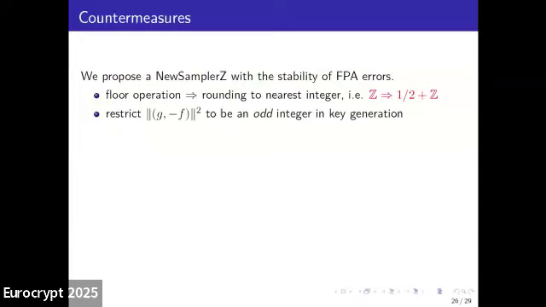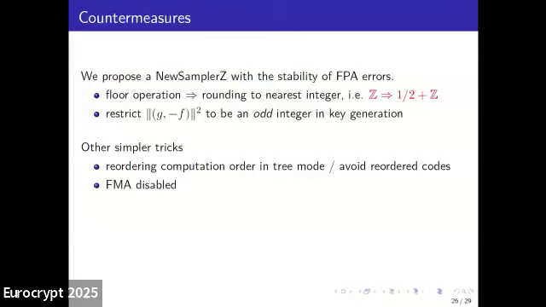We replace the floor operation with a rounding operation, so the centers are changed to half integers, and we further restrict the square root of the secret key to be an integer in key generation. We also use simple checks. For the two signing modes discrepancies, we just reorder the computation order in tree mode, or just avoid the reorder to mitigate the discrepancies.